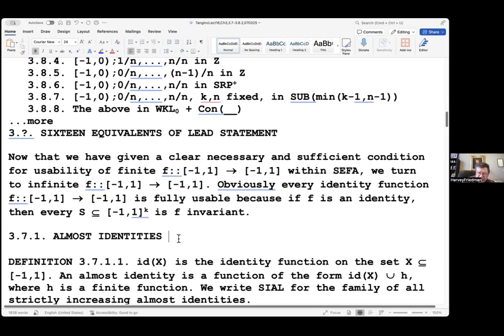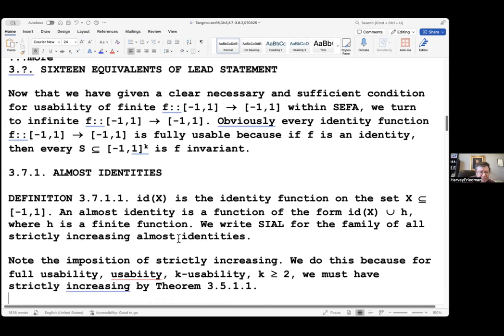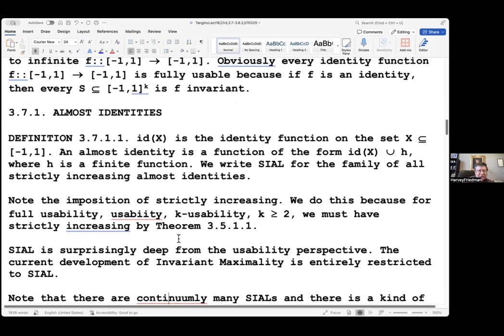So what's just beyond identity functions conceptually? Well, the almost identities. So that's a category. ID of X is the identity function on the set X. Remember, everything's one-dimensional here in terms of what you're using. An almost identity is a function of the form ID X union H, where H is a finite function.